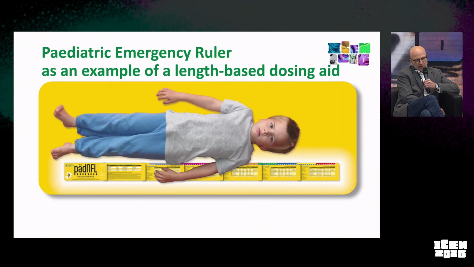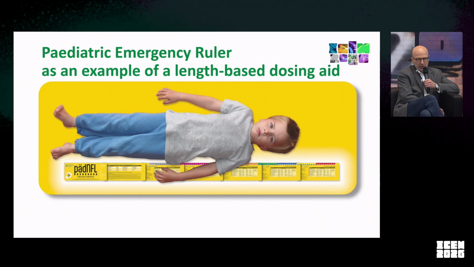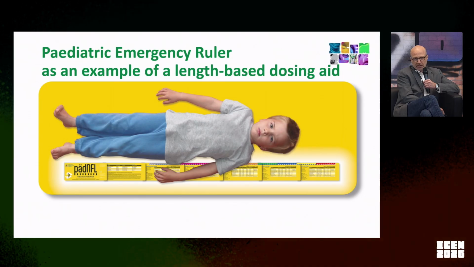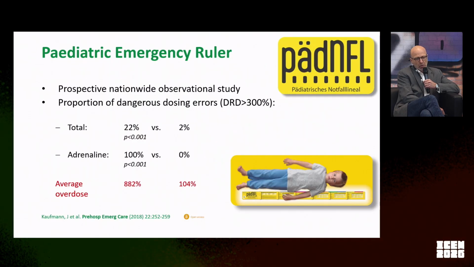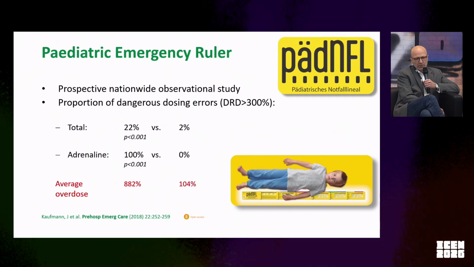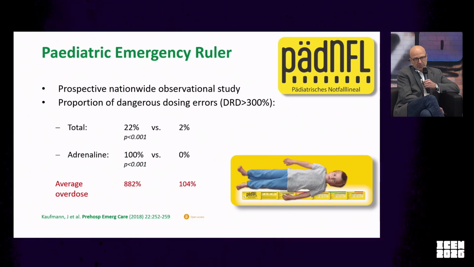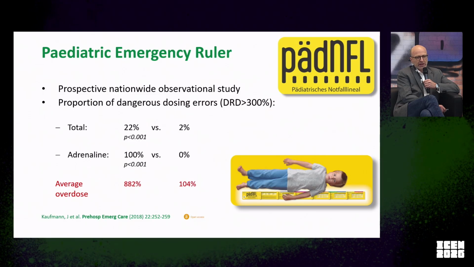The pediatric emergency ruler, you can lay it on the child, and on the head end you can get the normal body weight, which is the best weight for drug dosing, and you can read the exact dose without any calculation. We did 2 trials with this, and this device is the first device ever worldwide where it has been proven that you can avoid severe drug dosing errors.